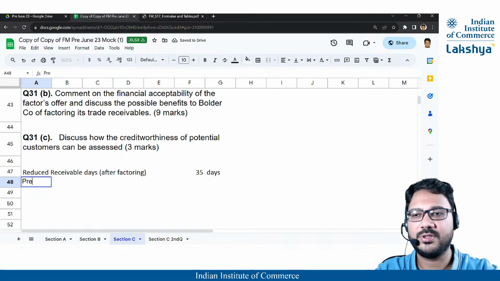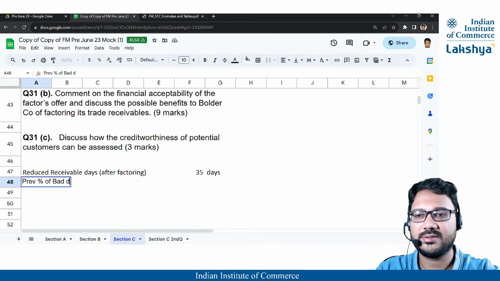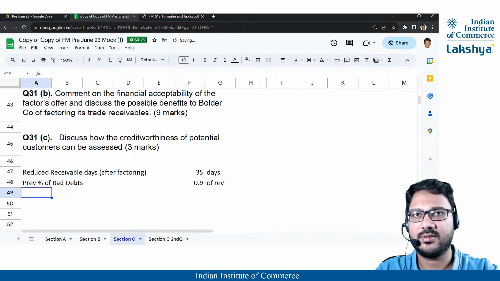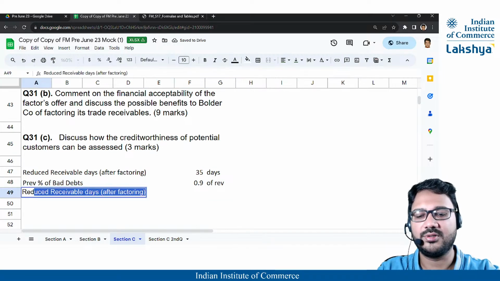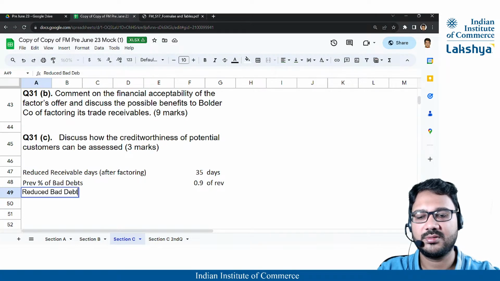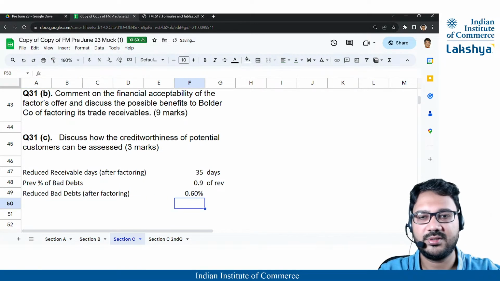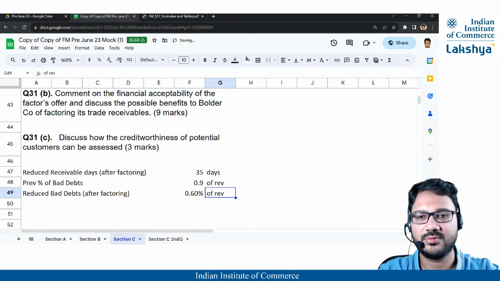Then the previous percentage of bad debts was 0.9% of revenue, and the reduced bad debts after factoring becomes 0.6% of revenue.